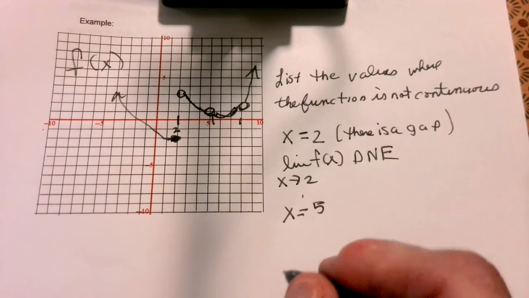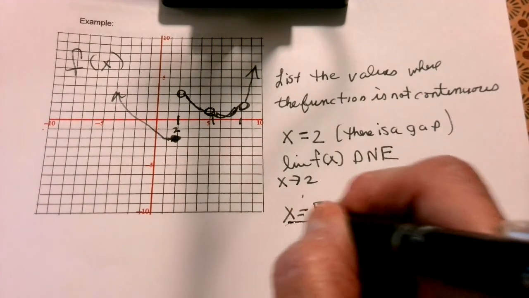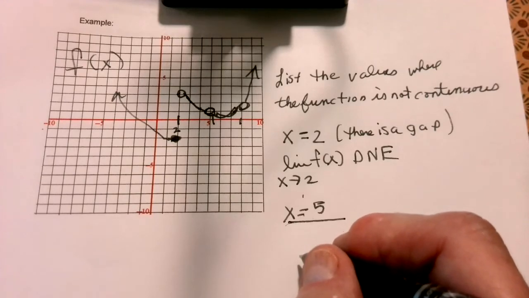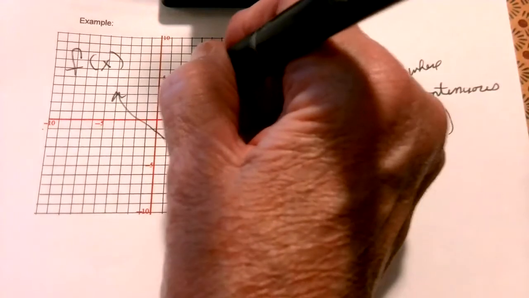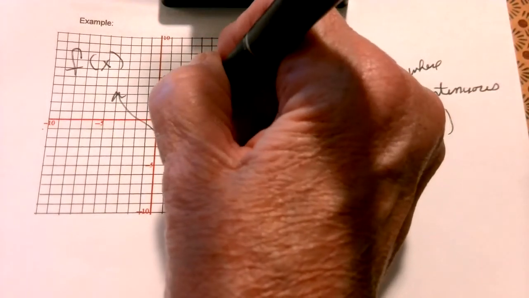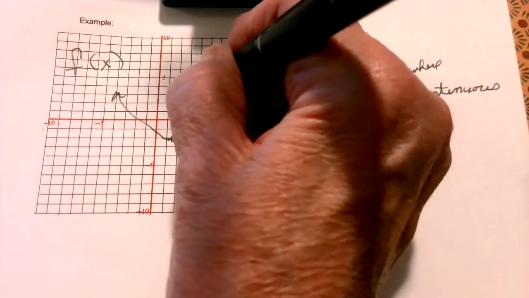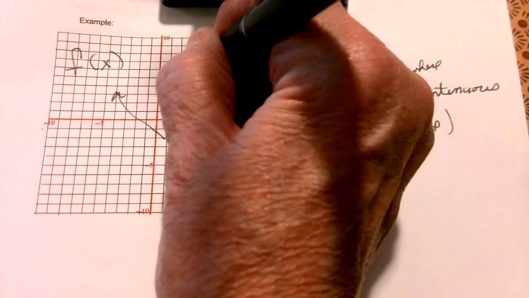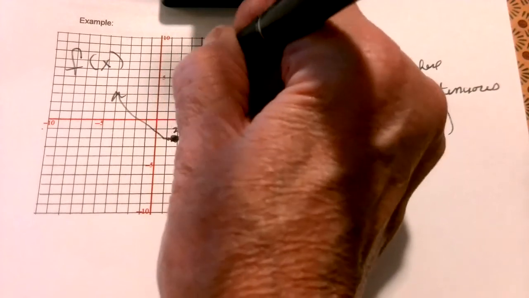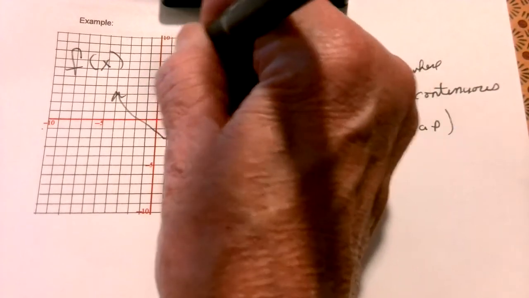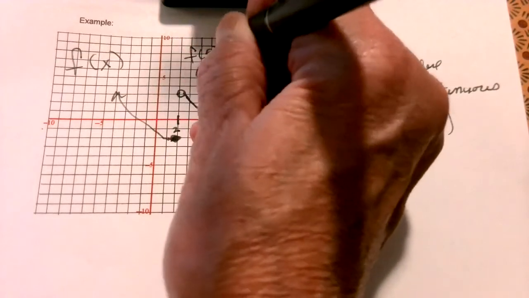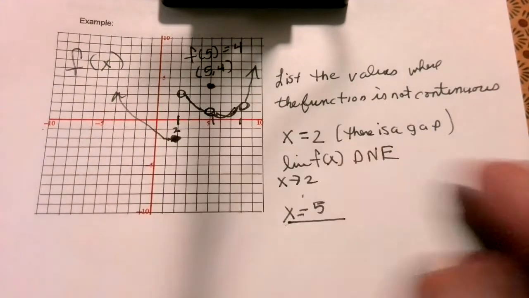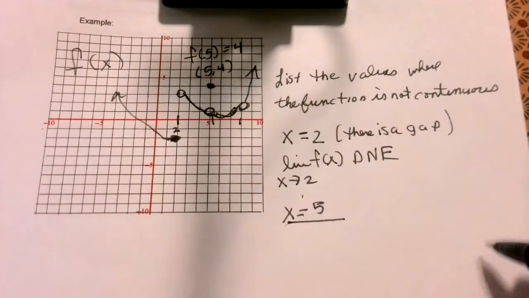So the limit, oh, and I forgot to put something right here. At 5, I need to put another point right here. So that's actually the point 5, 4. And so f of 5 equals 4. So it is defined, the function is defined at 5, but the function value is way up here.